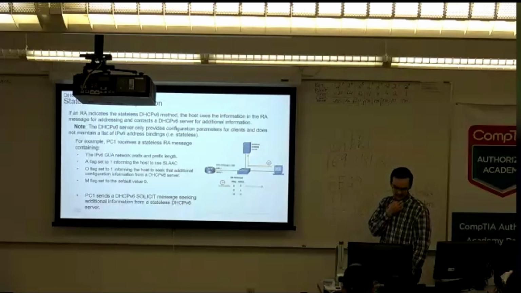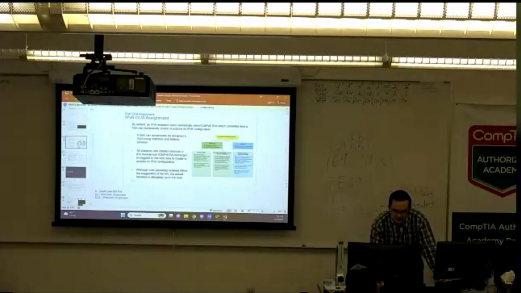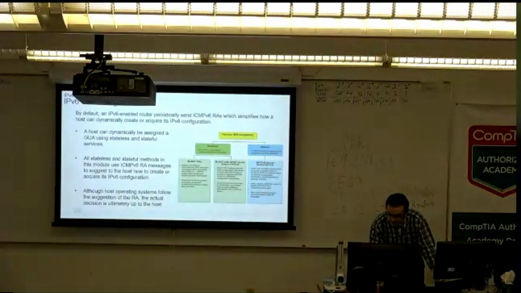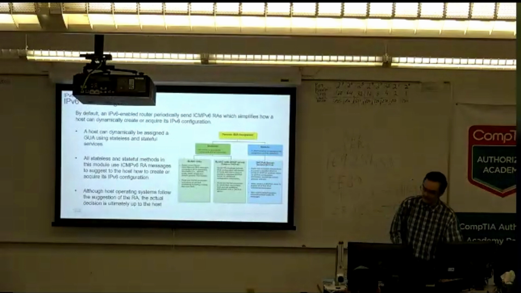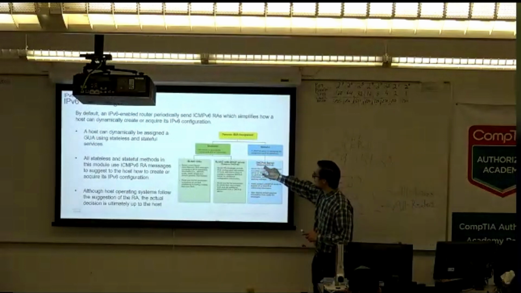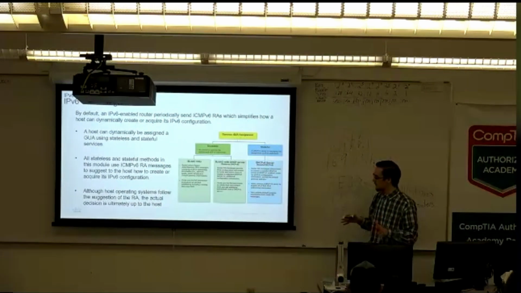If an RA indicates a stateless DHCP method, I just want to pop back here so we use our terminology correctly. Stateless DHCPv6, and then stateful. If you get the full in there, that's full server, all the server.